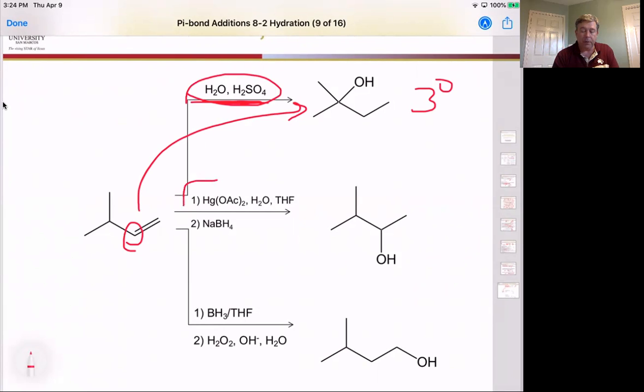If we use the oxymercuration-demercuration mechanism right here, the mercury will attach directly here, but it will not allow for a rearrangement. So we end up with our secondary alcohol.